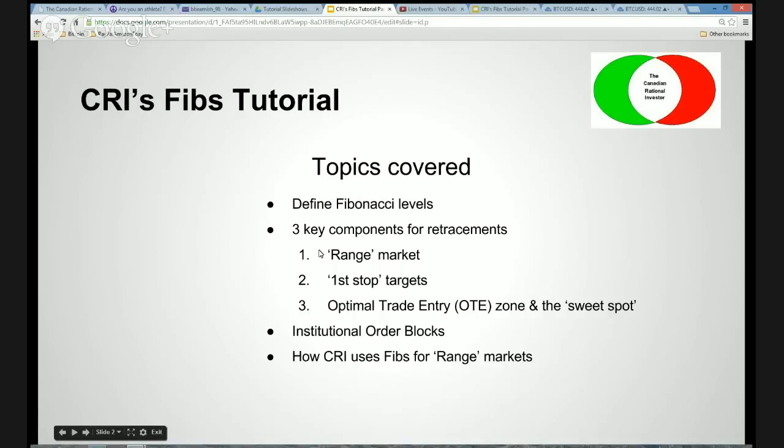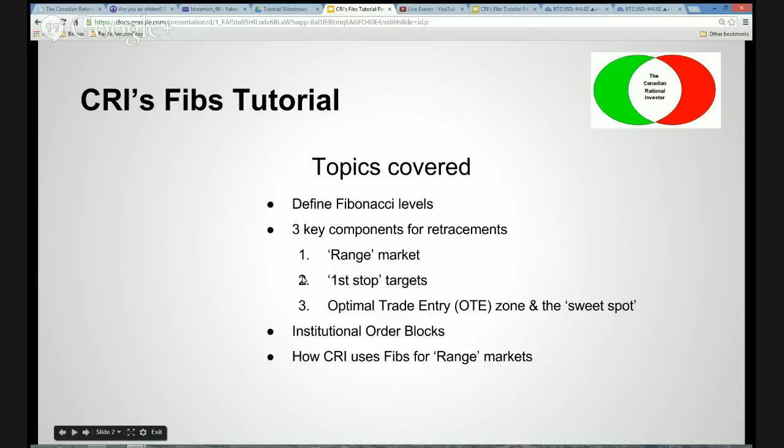Number one, we're in range markets here, not in trending markets. Number two, the first stop target, that's the 38.2 fib. And number three, the concept of the optimal trade entry, or OTE zone, and the sweet spot, which is the midpoint of that zone.